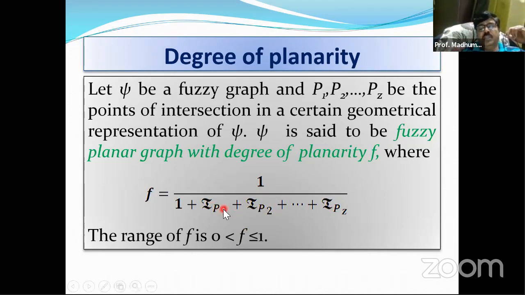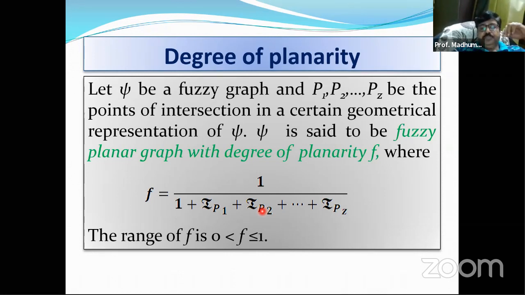That means if all the IP1, IP2, IPZ are zeros, then F will be exactly 1. And when is that possible? If IP1 equals 0, that means there is no point of intersection. If IP2 equals 0, there is no point of intersection. That means there is no point of intersection between the edges. Then obviously that particular graph is a planar graph.